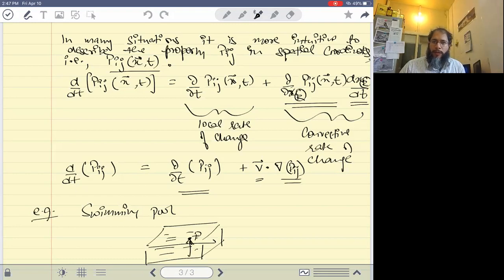Remember that there's no velocity field, so there is no movement of water. The water is completely stationary. It's a hydrostatic situation. So you put a probe at point P somewhere inside the pool, and you try to measure the temperature theta at some particular space location and time, and you try to measure the rate of change of that.